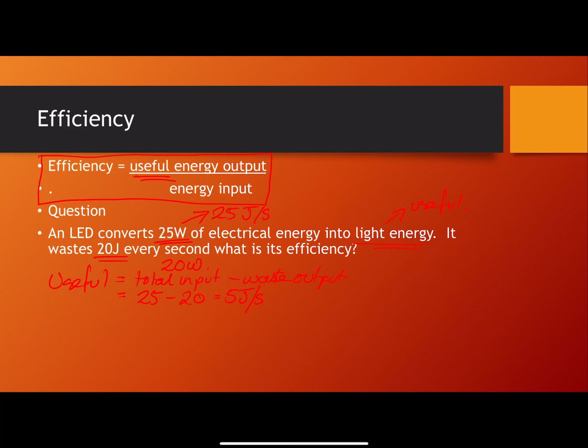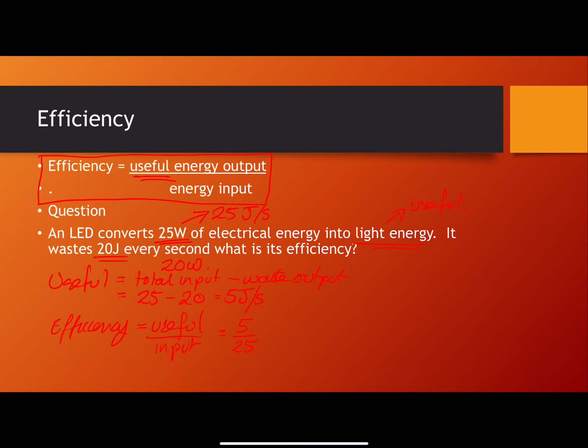Now we can put that into our equation, but we write down the equation first, because it may well not be given in the test. So it's always worth writing the equation out so that you'll get a mark for it if it's available. 5 divided by 25.